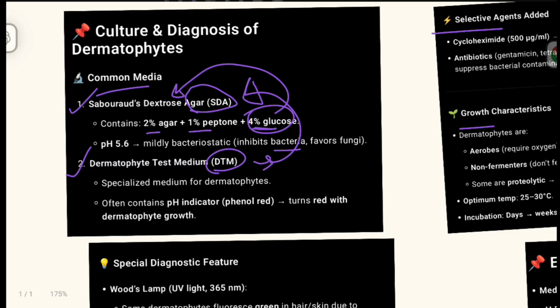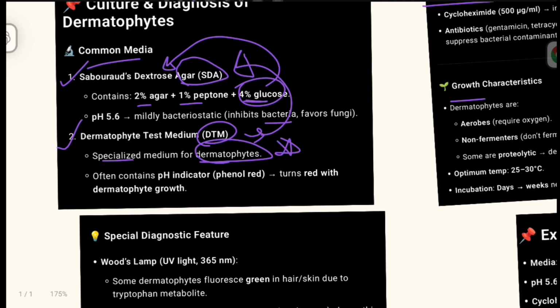Now when we look at the dermatophyte test medium, it is a specialized medium for dermatophytes, which contains a pH indicator, that is phenol red.